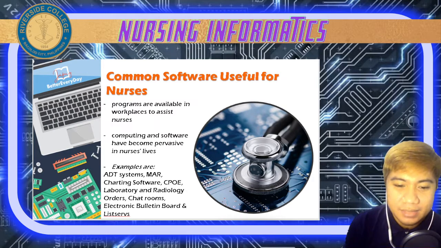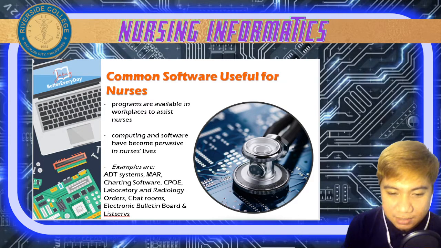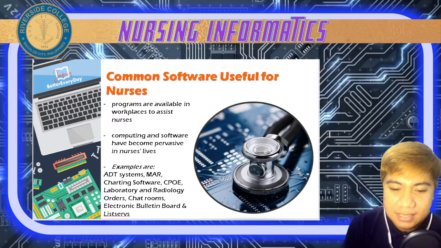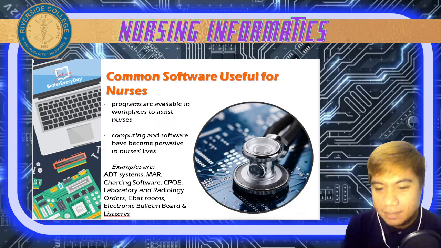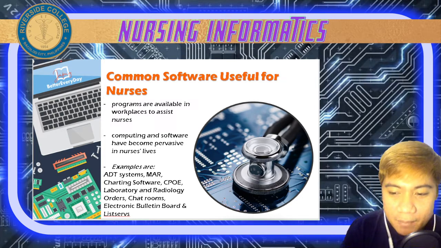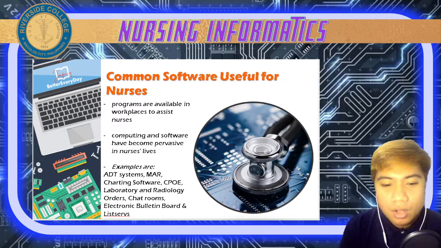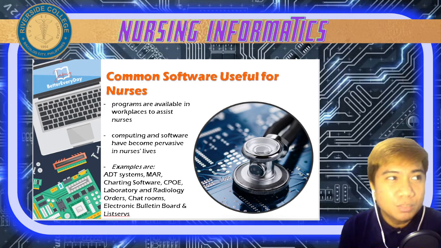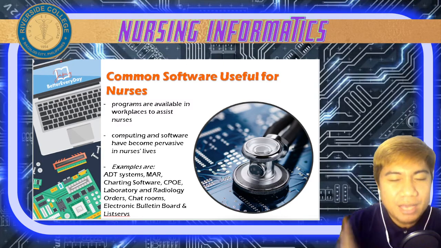Okay? And last, we have your listservs. A listserv is the same as your electronic mailing. If somebody posted on the EBB, automatically everyone on the list or all the members will receive the email. Is it the same as Microsoft Teams?